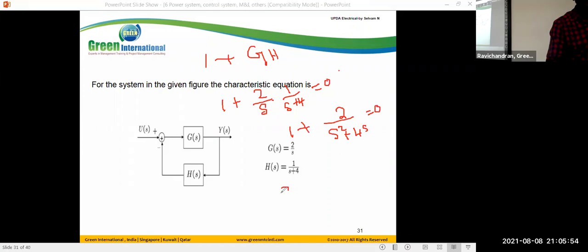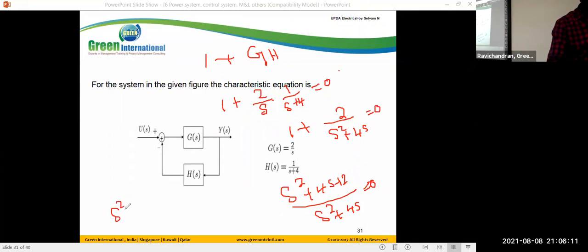Further, (s square plus 4s plus 2) divided by (s square plus 4s) is equal to 0. Then s square plus 4s plus 2 is equal to 0, because when we cross multiply the value becomes 0. Mostly these are the options that may be given in your exam.